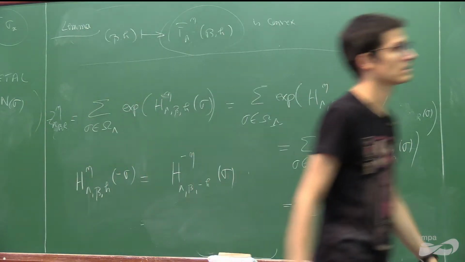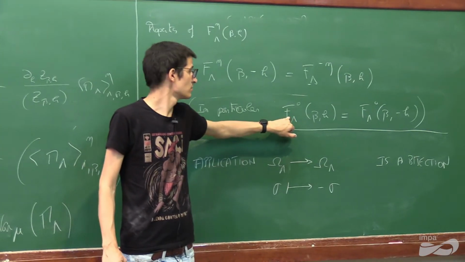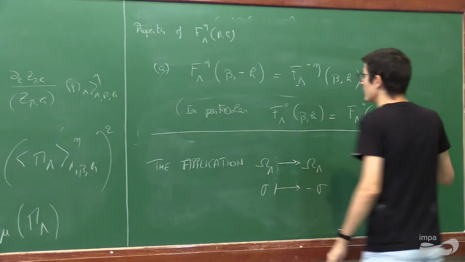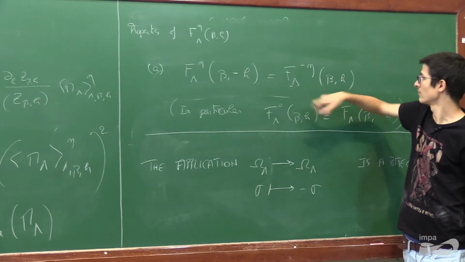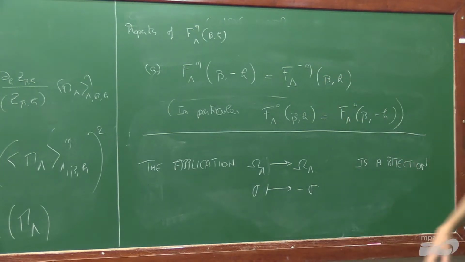And you get this symmetry in the free boundary case, and this kind of symmetry provided that you also symmetrize the boundary condition when you have some boundary condition.